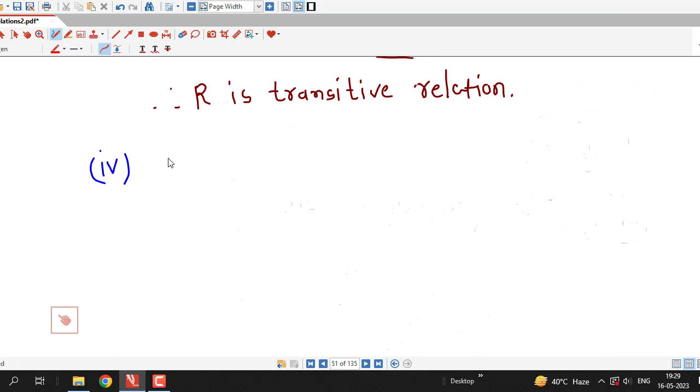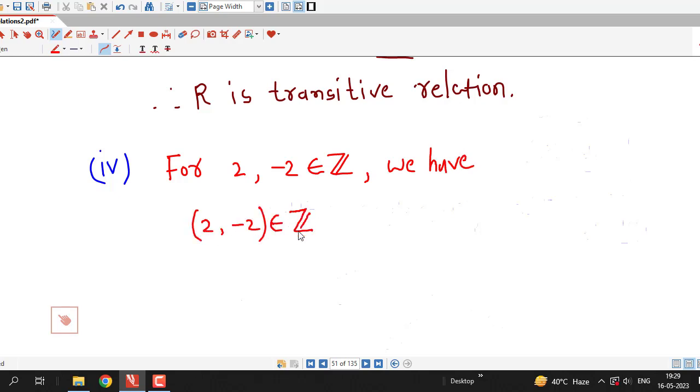We can write that 2, minus 2 belongs to R, and minus 2, 2 is also in R because of this property, A equal to minus B. The first component is the negative of the second component.